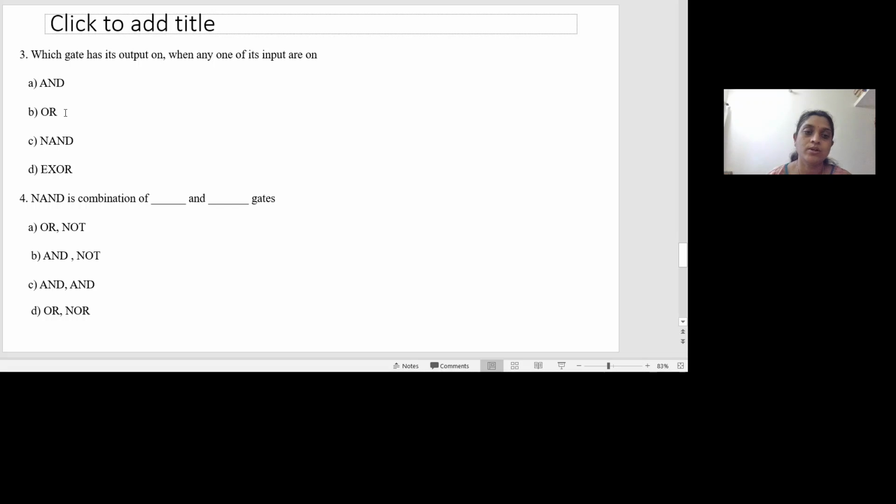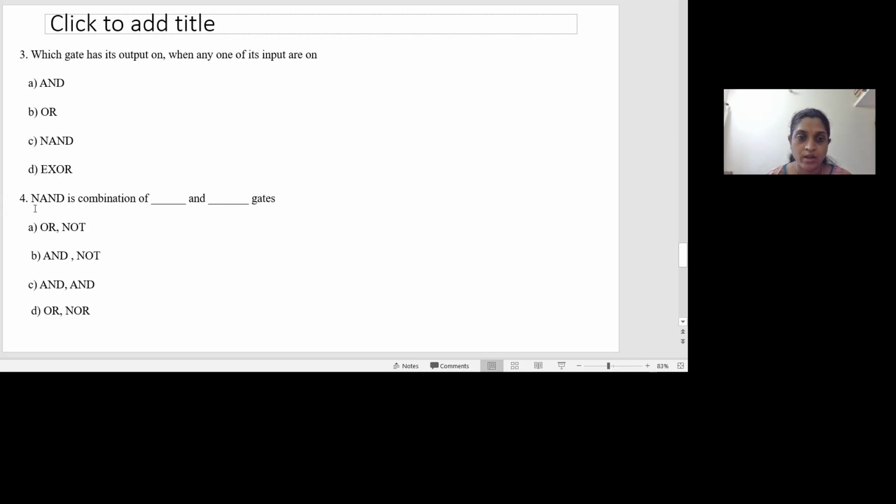The answer is the OR gate, choice B. For an OR gate, when all the inputs are 0, the output is 0. When all the inputs are on, the output is on. And when any of the inputs is on, then the output of OR is 1. So the answer is the OR gate.